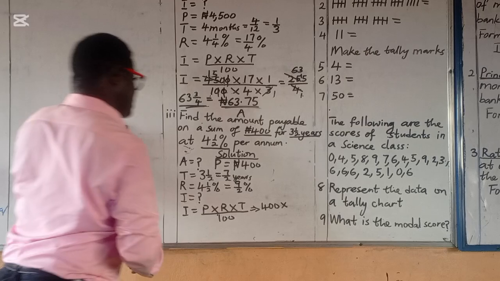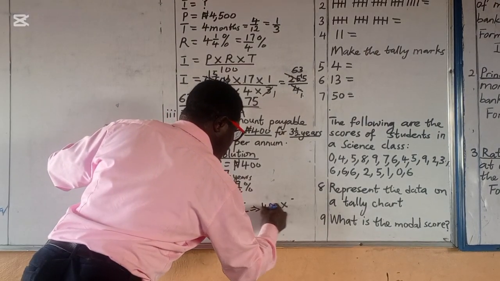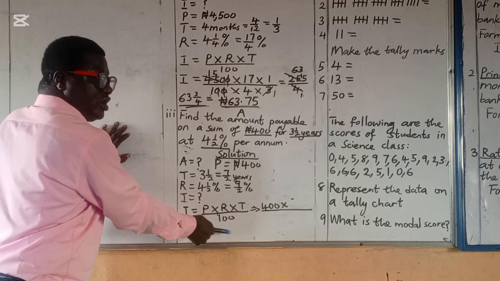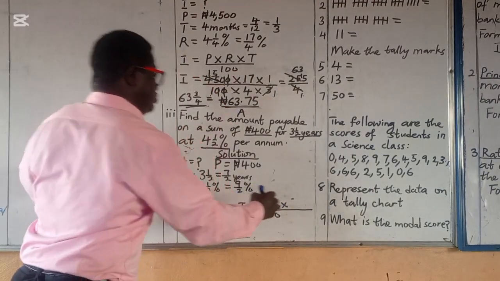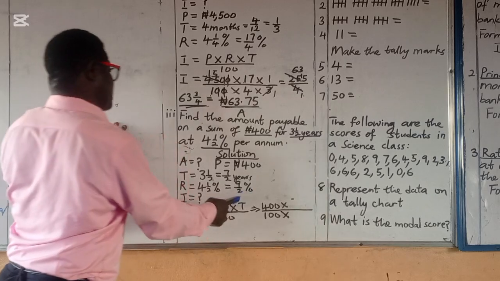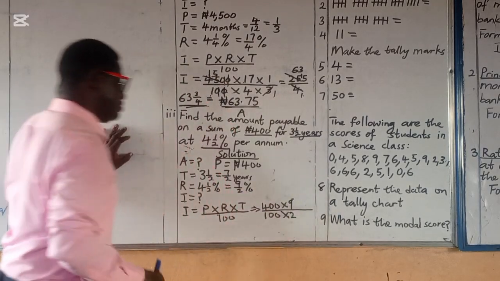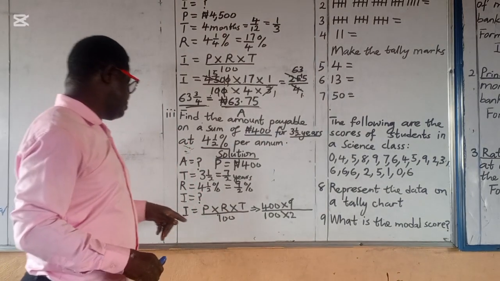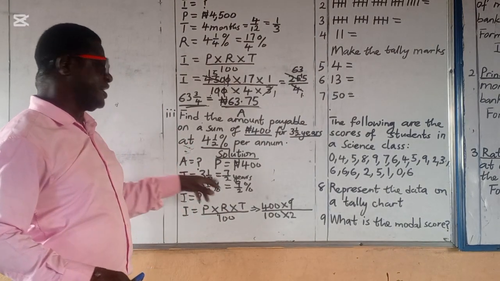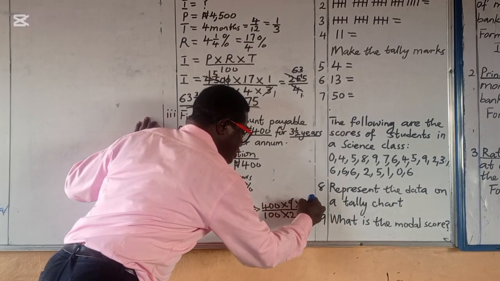We already have 100 down here. Multiply by your rate, which is 9 over 2. Let the 9 be up and the 2 be down. Then time is 7 over 2. Let the 7 be up and the 2 be down.